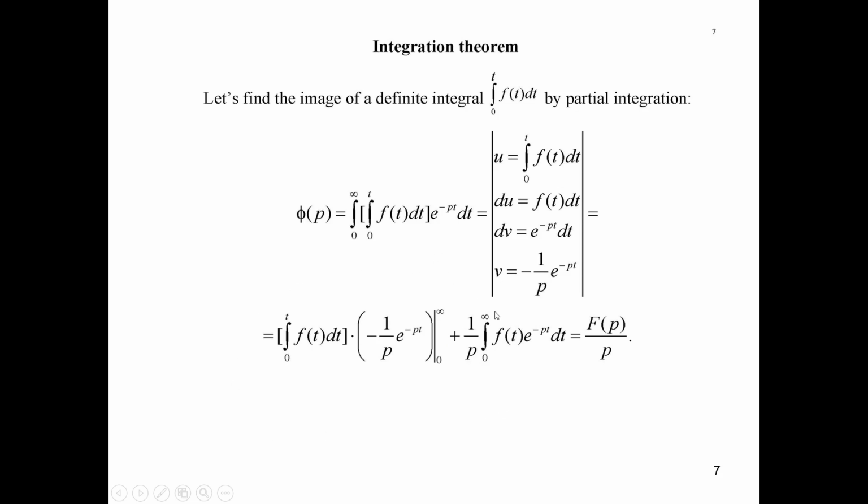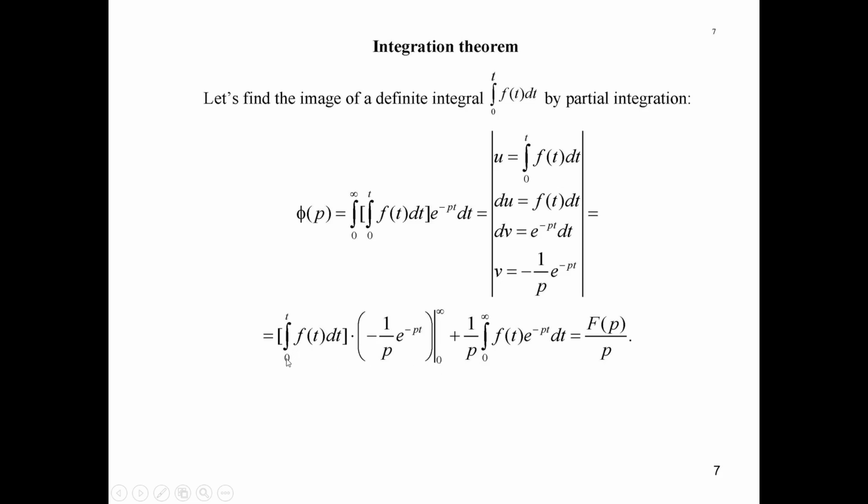Why? Let's see. When we substitute infinity here, this part will give us 0 because e to the minus infinity is equal to 0. Okay, so 0 multiplied by the function will be 0. Then let's substitute the lower limit.